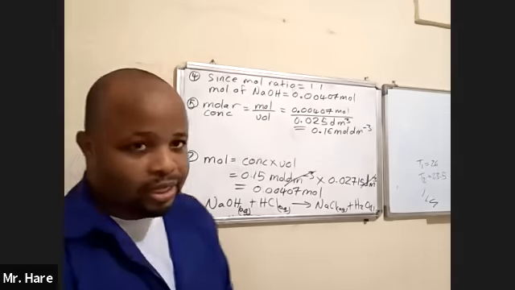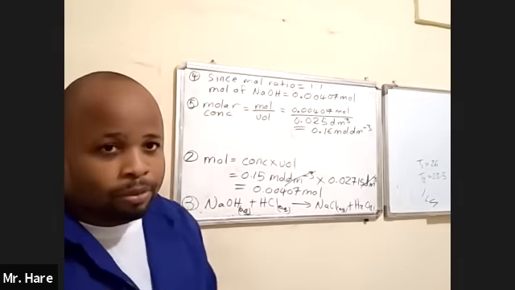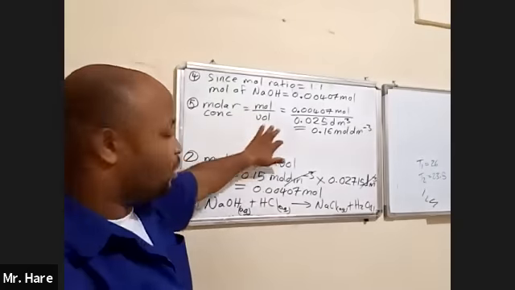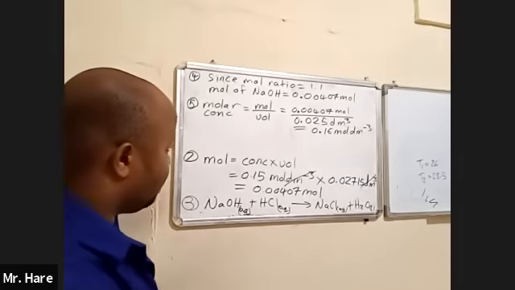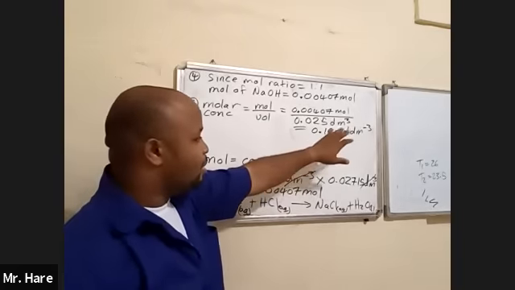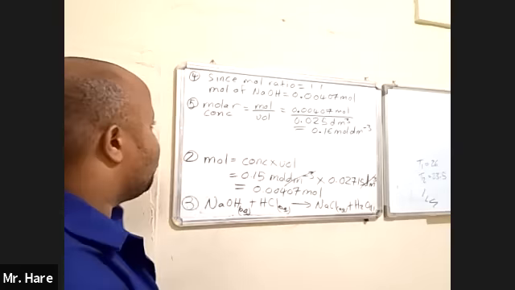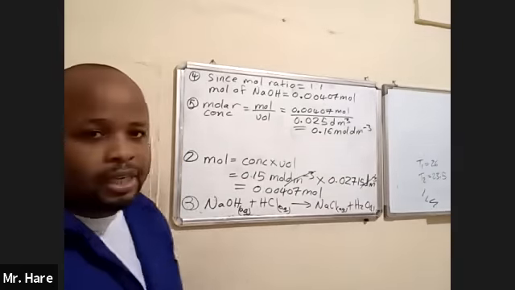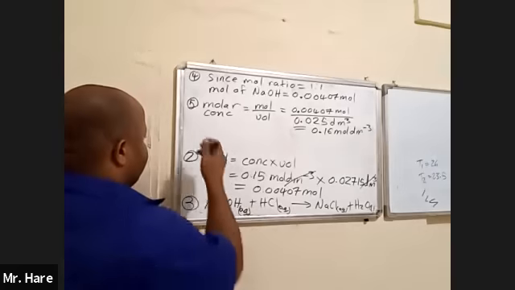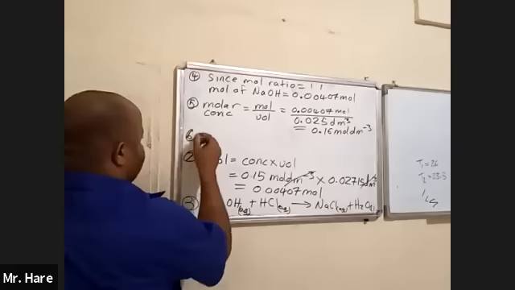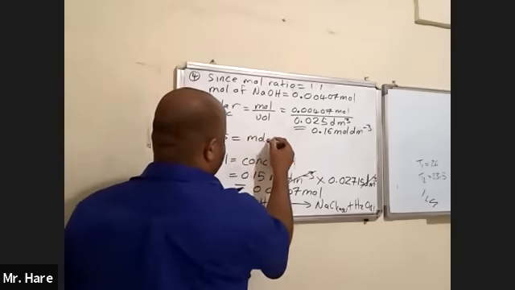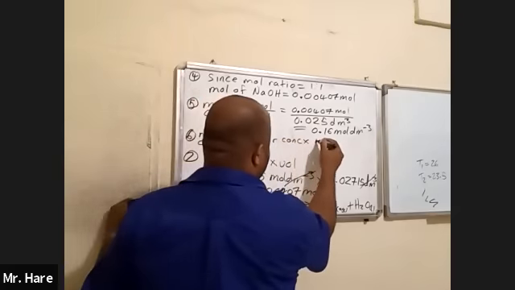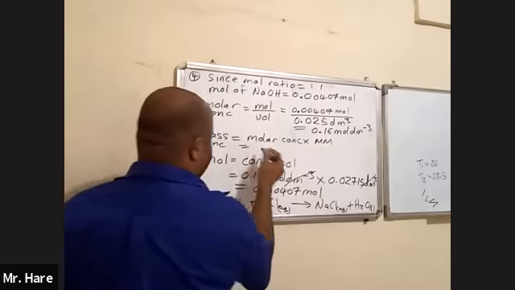Now, we know that mass concentration is mass over volume, or concentration times RMM. When you're doing a titration, if you calculate the molar concentration, to get the mass concentration you will simply multiply the molar concentration by the molar mass of the compound. In this case, that is sodium hydroxide. So step 6, the mass concentration is equal to molar concentration times the molar mass, I want to say RMM.